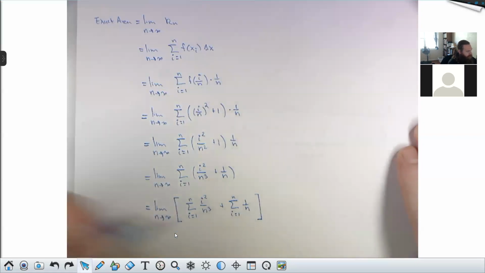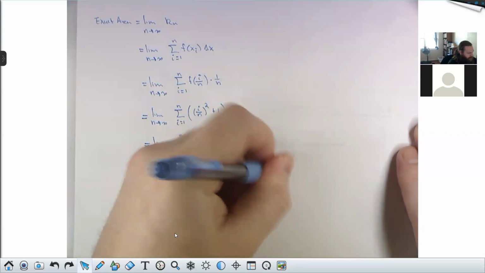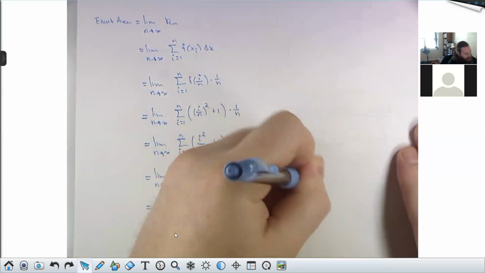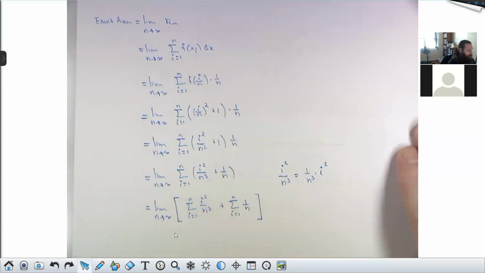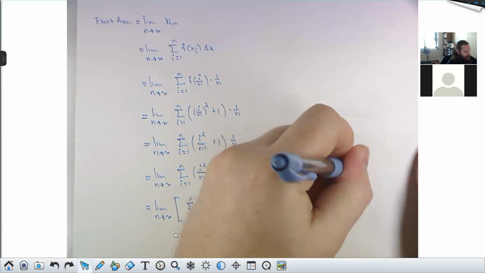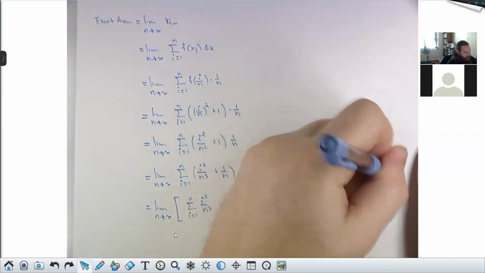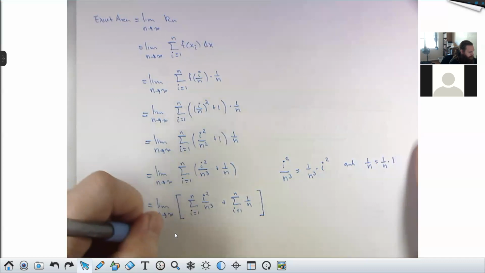So at this stage, I'll make the observation that i squared over n cubed is the same as 1 over n cubed times i squared. And 1 over n, this might seem silly, is 1 over n times 1. So I'll take the extra step here, why not?